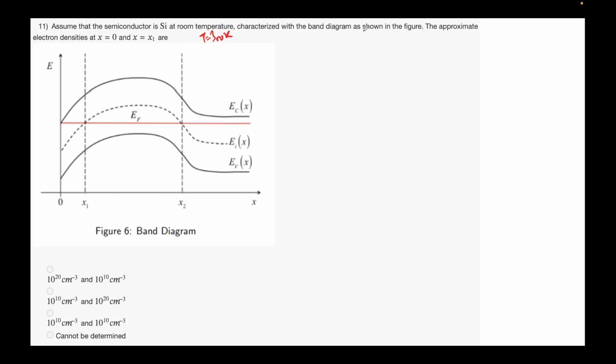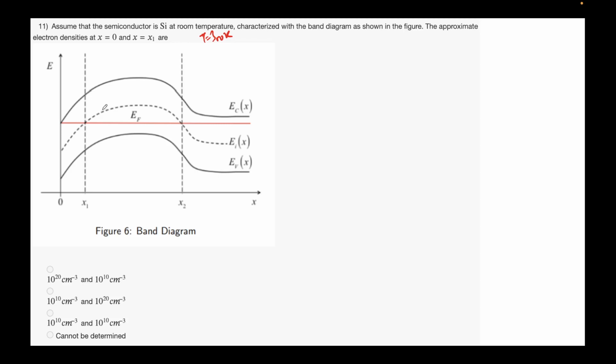Characterize the band diagram as shown in the figure. This band diagram will come again in our course many times. You will see this kind of band diagram over and over again. The approximate electron density at x equal to 0 and x equal to x1 is required. So we are required to find the electron density here and here, but we are given only the band diagram.